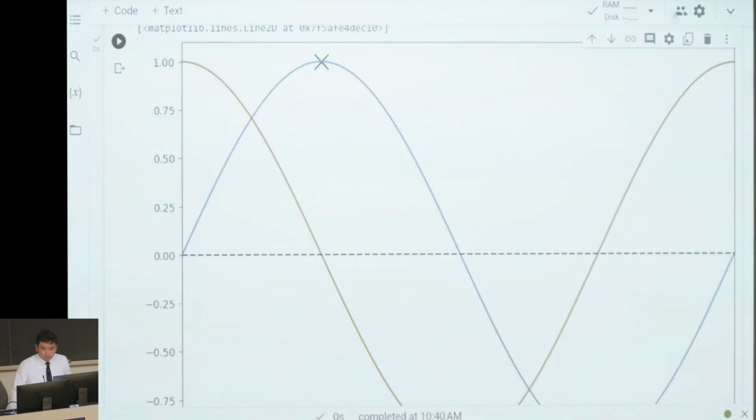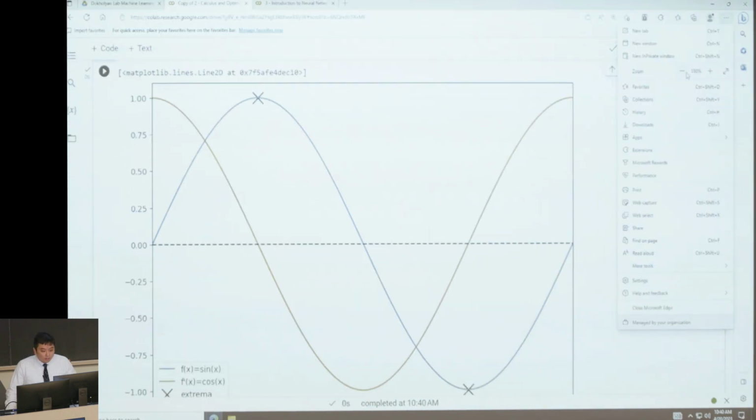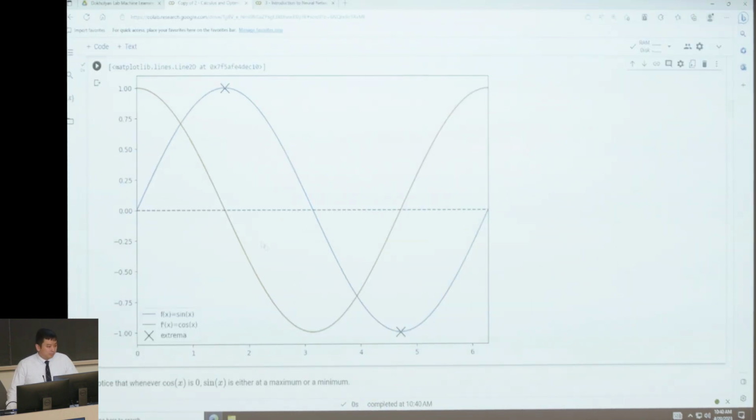What I've plotted here is the function sine of x in blue, and its derivative, cosine of x. You can see wherever cosine of x, the derivative, goes to 0, that is where sine of x attains an extreme value.